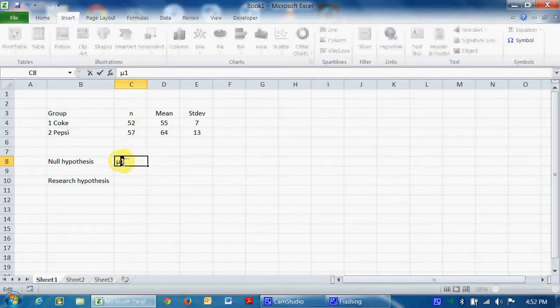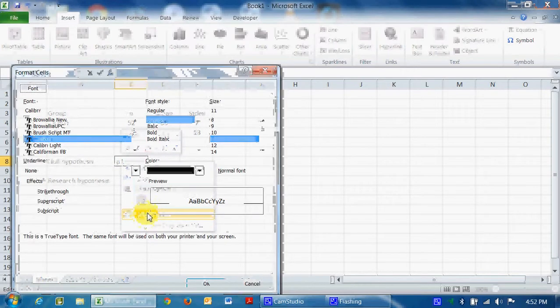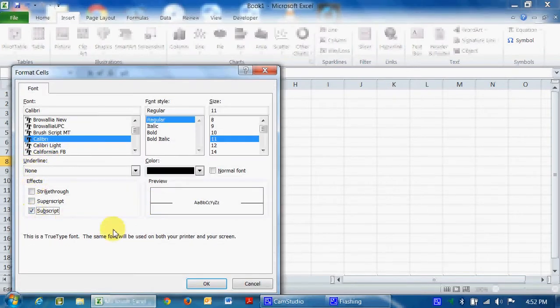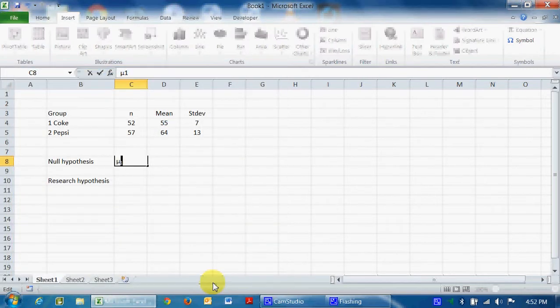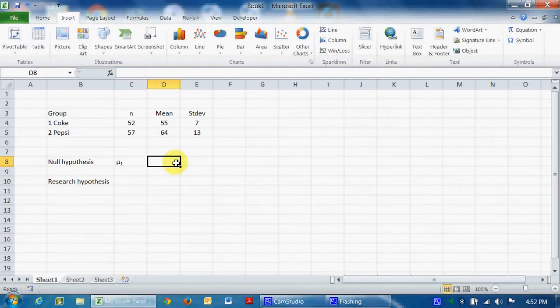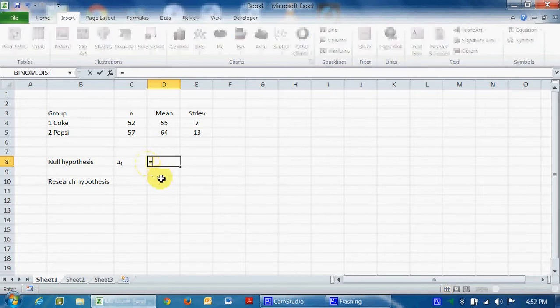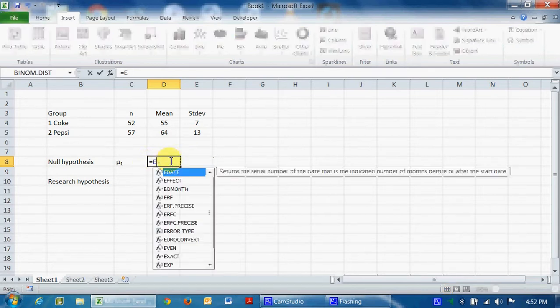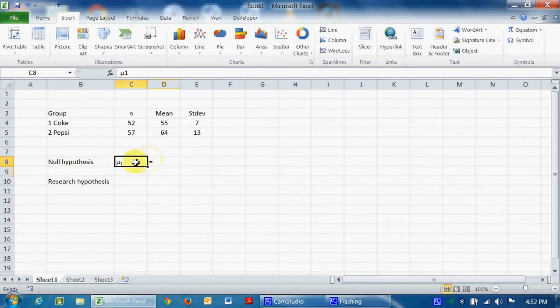Now remember, 1 is a subscript, so I'm going to highlight it, format, subscript, hit OK. And that's going to be the equal sign. Hit enter. And then rather than look everything up again, I'm just going to copy that.